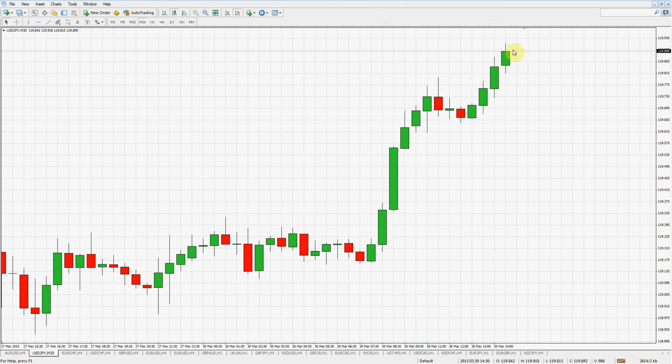However, if my next candle opens up and I get something like an engulfing pattern, for instance, or if I get a doji showing that there's a change in sentiment, or if I get another one of those bearish signals, such as an evening star, or a hanging man, or tweezer tops, something that's going to give me an indication that this may well be reversing, then that's when I'm going to think, well, okay, I'm either going to take a percentage of profit out, or I'm going to take all my profit out. I wait for it to pull back, and then maybe look for the next pattern to get back in again.